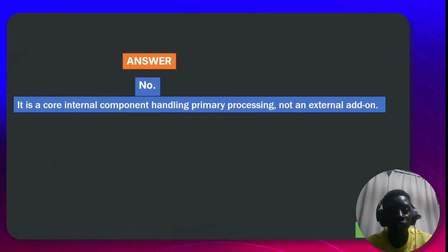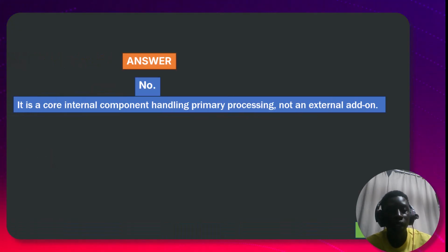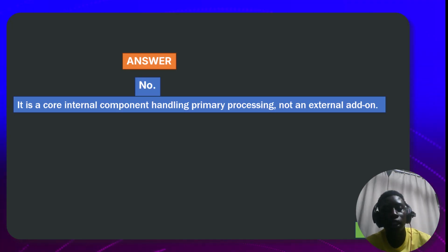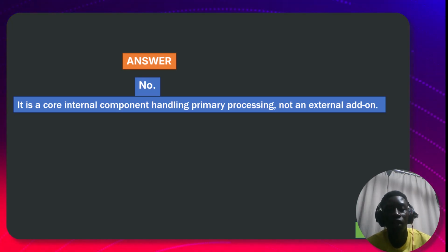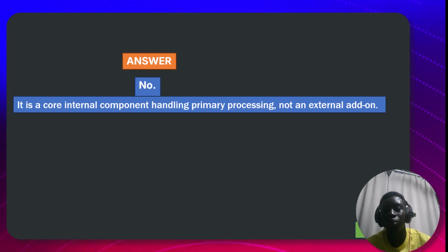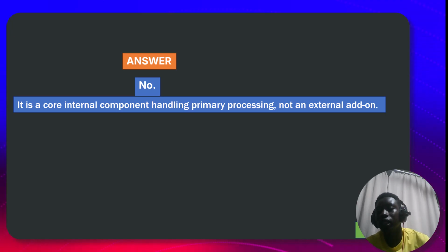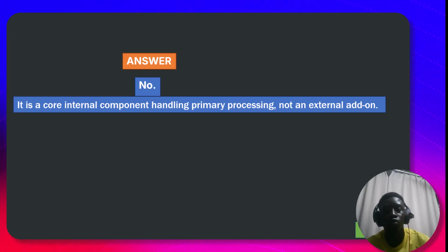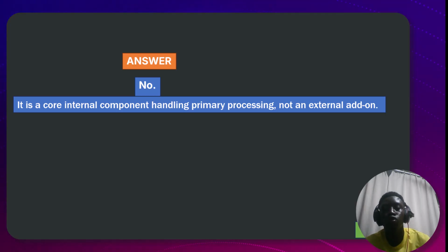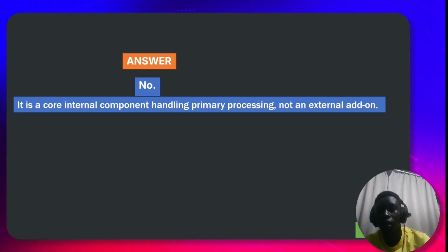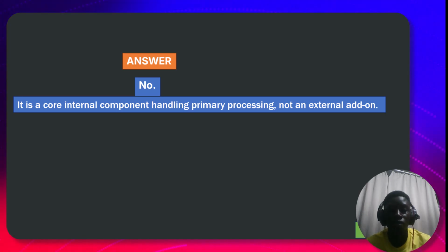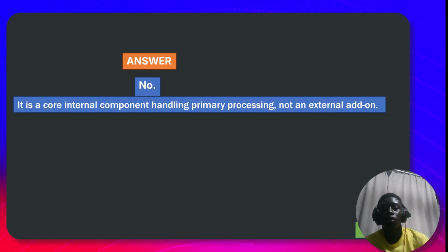So the answer is what? It is no. It is a core internal component handling primary processing, not an external add-on. So the CPU is not a peripheral. It is part of the core component of the computer system.